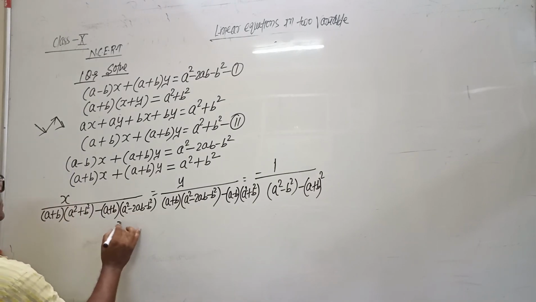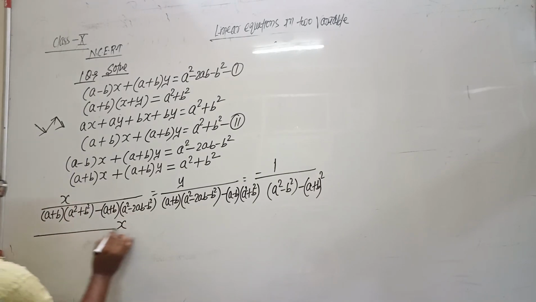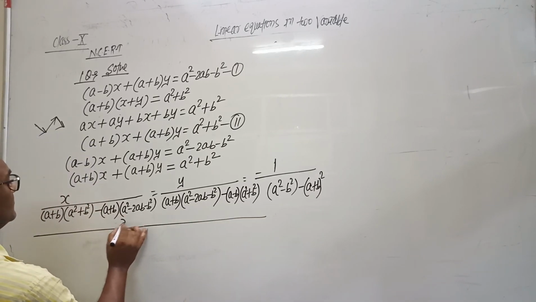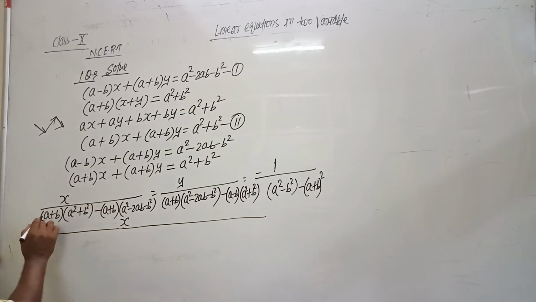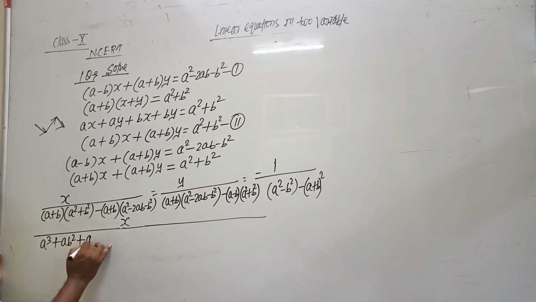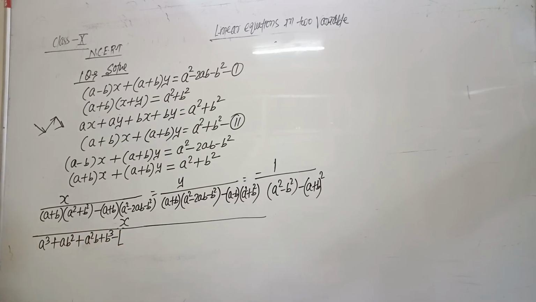Firstly we solve this. So x upon a multiplied by a square, it gives a cube, plus a into b square, ab square, plus b into a square b, plus b into b square, b cube, minus a multiplied by these three terms.